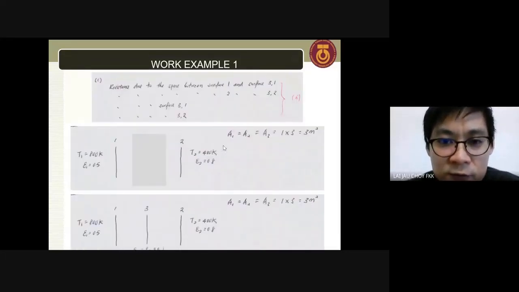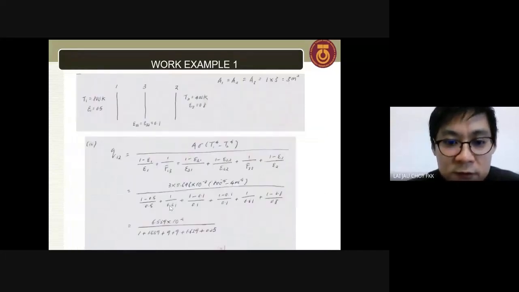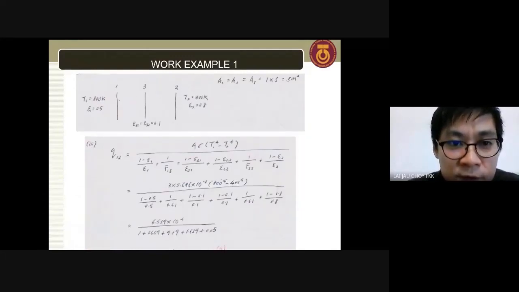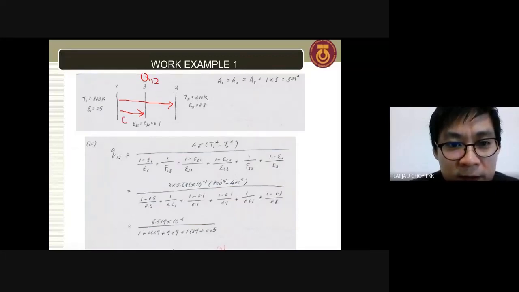If you see this situation, Q12 is the same as Q13, and also Q32.